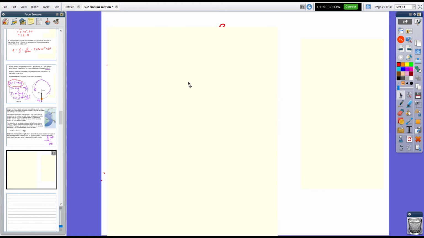So I've done the working here for you already. Look, your centripetal force, which is m omega squared r, would be your weight minus your reaction force. The limiting condition is that as long as your m omega squared r is less than your weight, your weight will provide enough centripetal force to keep you going round in a circle.